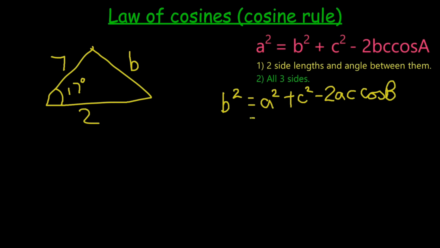So we can now substitute these values in. a is 2, c is 7, minus 2 times 2 times 7, multiplied by the cosine of 17 degrees.